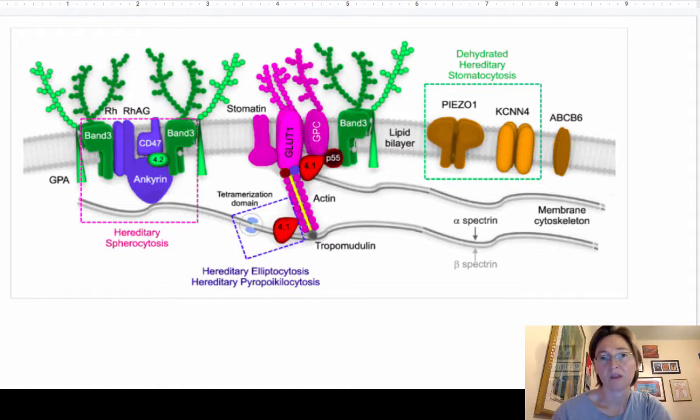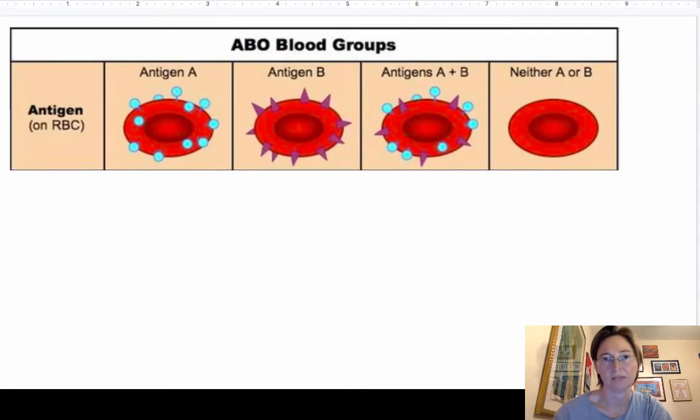Now you recall that phospholipid bilayers, cell membranes, have all kinds of stuff embedded in them, like transport proteins, etc. In addition to that, red blood cells also have something called antigens embedded in them. An antigen is something, typically a protein or a protein-like structure, that your immune system responds to. Either it recognizes it as normal, yes, this is part of you, good, or it recognizes it as foreign.